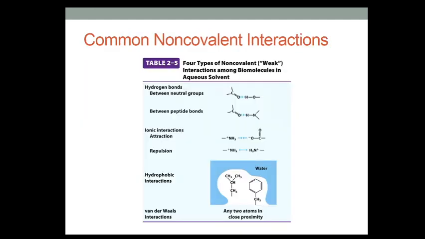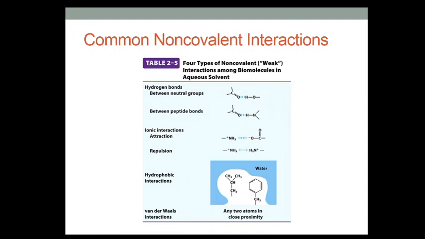Here we have a summary of the common non-covalent interactions that you can expect to see among biomolecules in aqueous solvent. You'll see hydrogen bonds here, ionic interactions, the hydrophobic interactions, as well as van der Waals interactions. These are the four big types of non-covalent interactions that you can expect to observe.